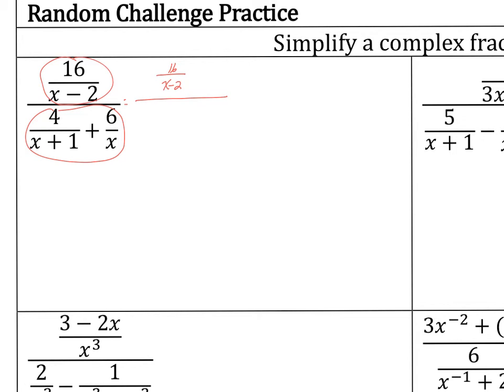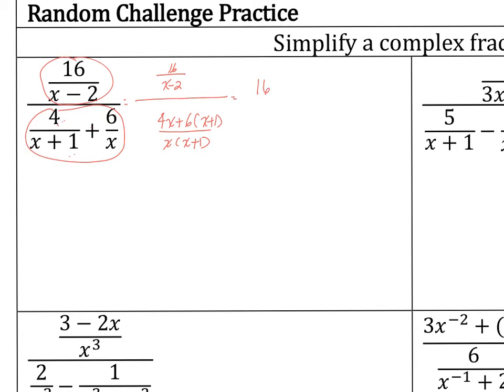I'm going to simplify, or add, the denominator. So the LCD of the denominator here is x times x plus 1 because we want everything. And numerator 4 times x plus 6 times x plus 1.